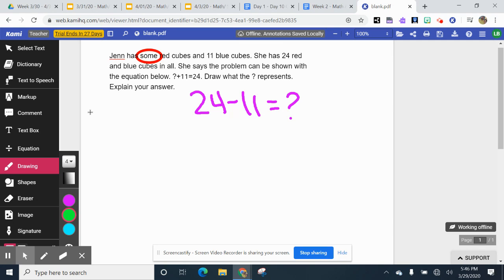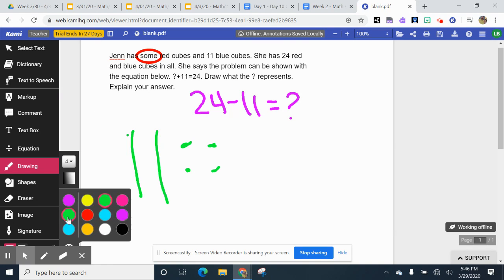So we're going to start. If you remember when we started doing these kinds of problems, one of the strategies that we chose was base 10 blocks. So we're going to use some sticks. We've got 2 sticks, which, if you remember, equal 20. And then we've got 1, 2, 3, 4 ones. We're going to take away 11 of those. So we're going to change colors to represent what we're taking away. I'm going to show that in red.